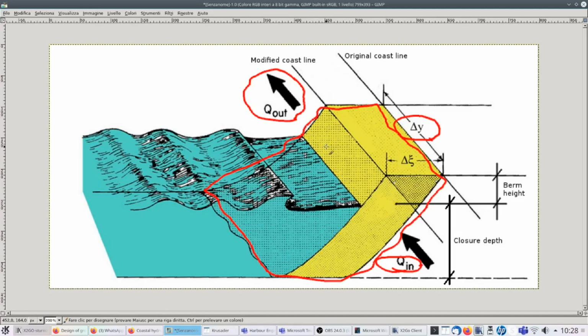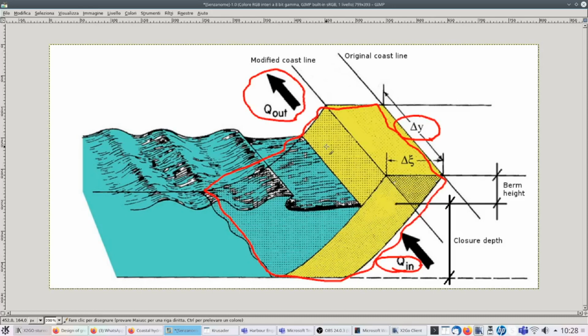And what are Q in and Q out? They are volumetric sediment rates, so their difference is again a volumetric sediment rate. What does this mean? It's a volume of sediment per unit time.